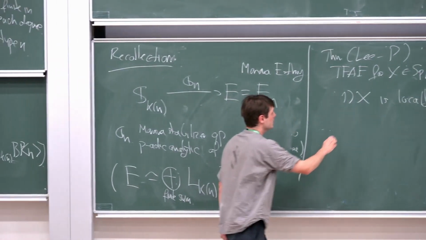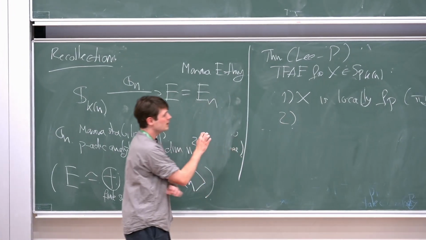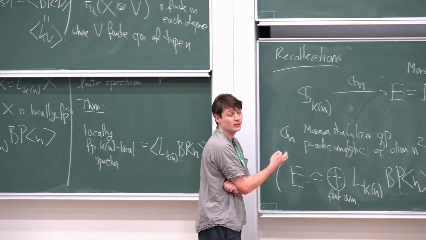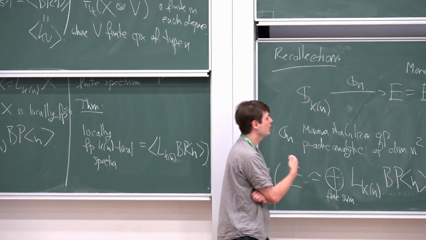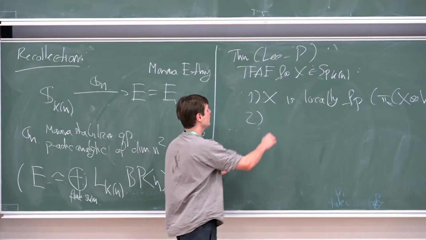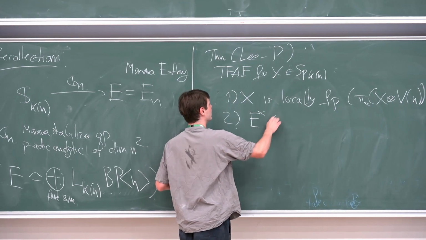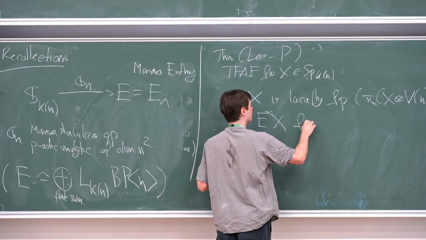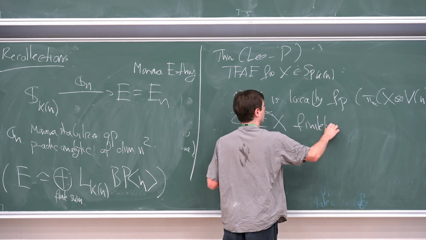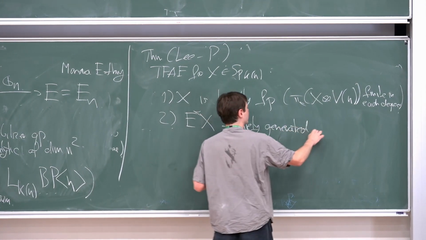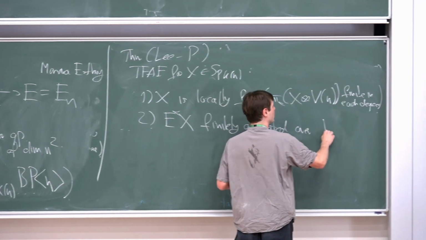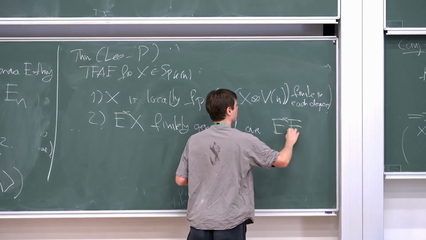Two, and that's actually quite interesting because this is the analog of the original criterion due to Mahowald and Rezk, except in the K-local category, where this turns out to be equivalent to the cohomology of X being finitely generated over the dual Steenrod algebra, the Steenrod algebra of Morava E-theory.